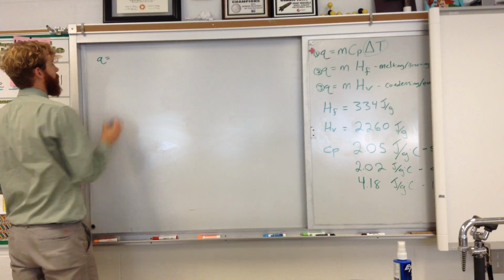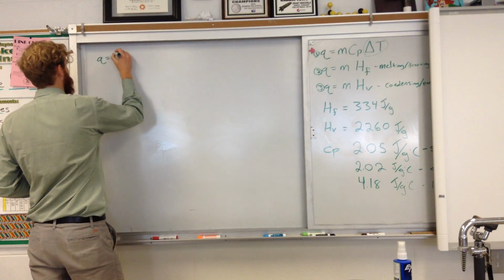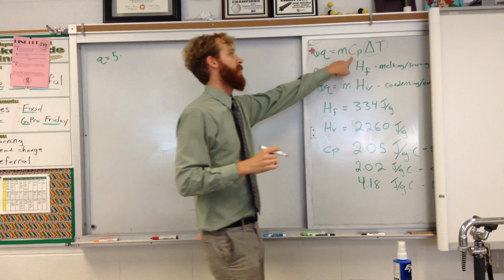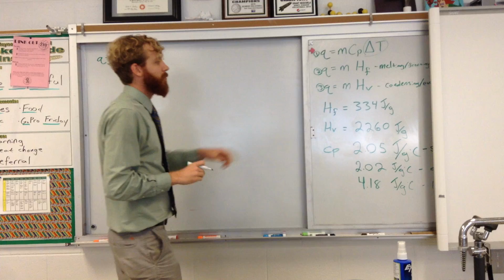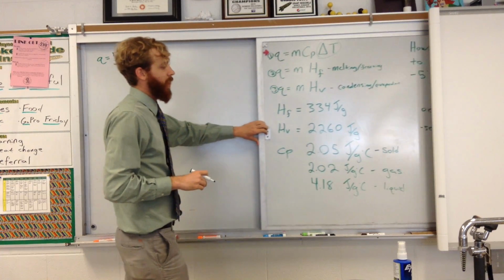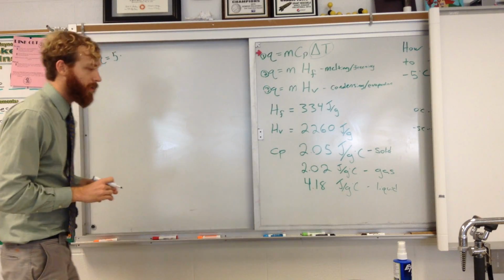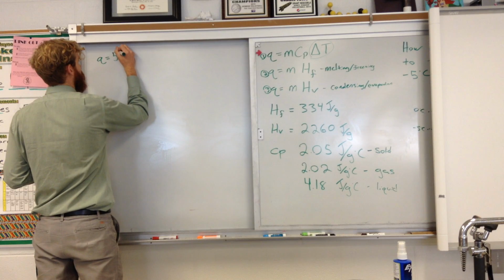Q equals our mass. The mass in this problem was 5 grams, so we have Q equals 5 times our specific heat, Cp. Now, which specific heat of water do you use? Well, we're going to use the solid one, 2.05 joules per gram degrees Celsius, because that's the specific heat for ice. And this is 5 grams.